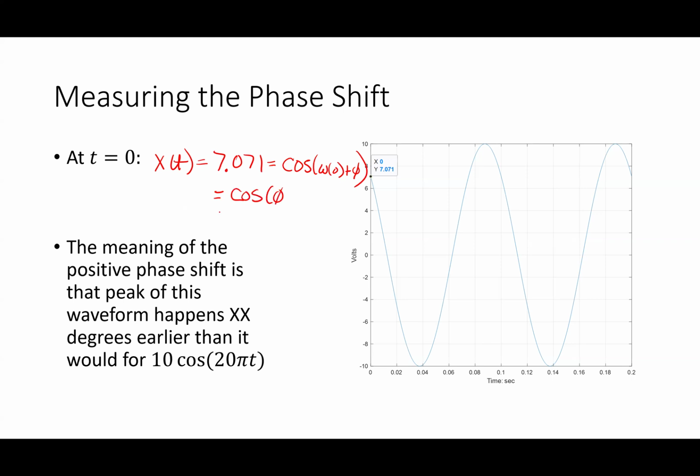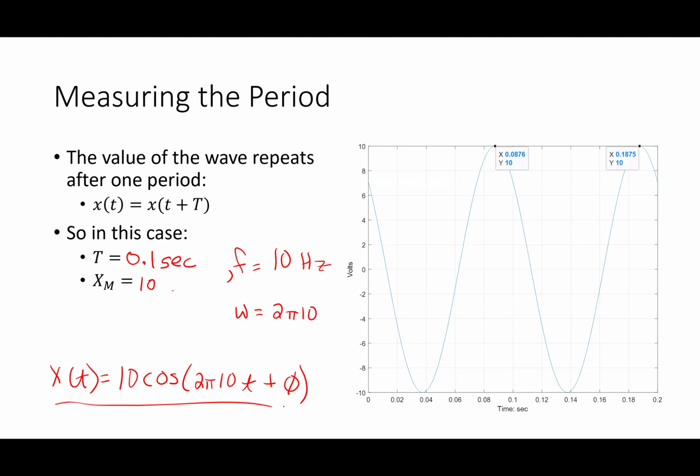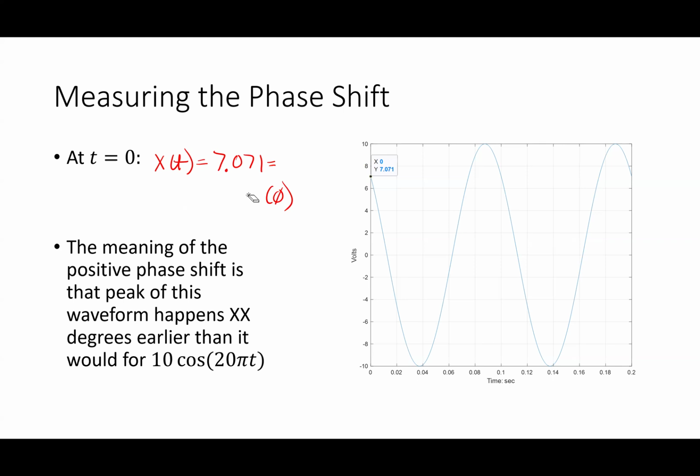If I solve for that, what am I going to get? Everybody know? Sorry, the one thing I left out: x of t is 10 cosine whatever. So this is equal to 10 times cosine of 0 plus phi, or 10 cosine phi.